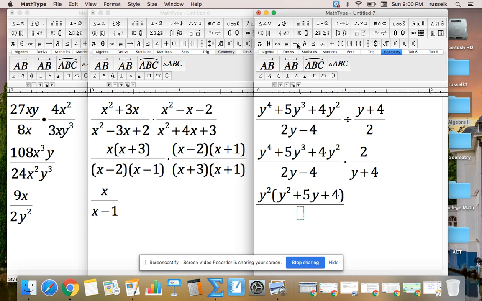And actually that part can be x factored, so we would want to go ahead and do that as well. In the bottom, we can factor out a greatest common factor of 2, leaving me with y minus 2. Nothing can be factored from the second part, so we'll just bring that down.